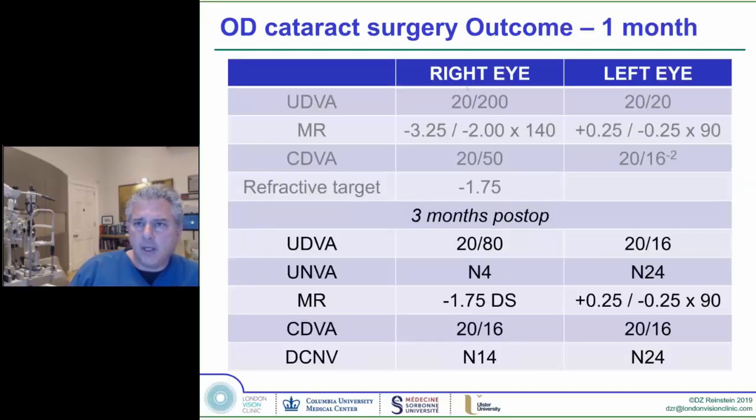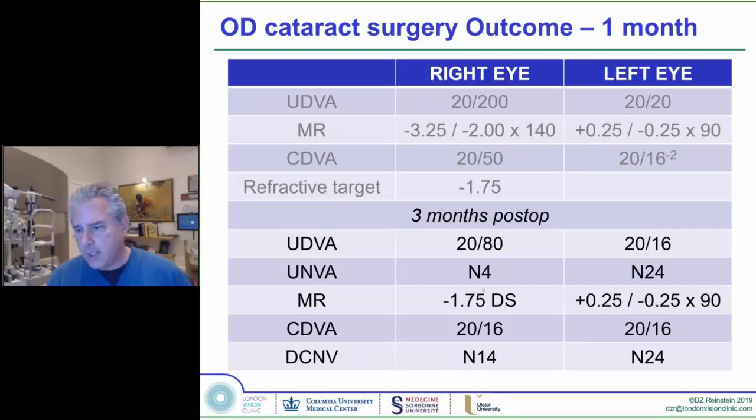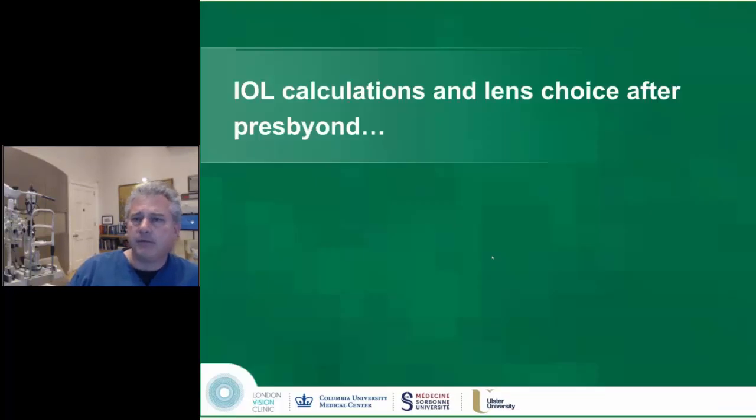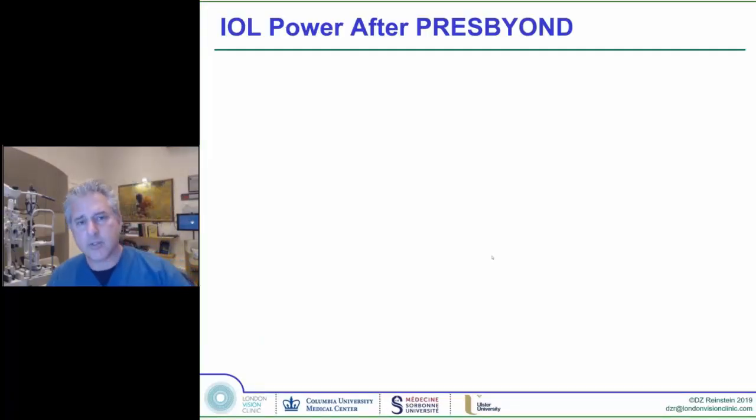We did cataract surgery, and she'd already had blended vision, so all the depth of field was already in her cornea, and with a -1.75 target, she was now seeing N4 and 20/16 in the other eye that didn't have cataract, and again, restored to happiness. So how do you do these IOL calculations when you've already done PRESBYOND?